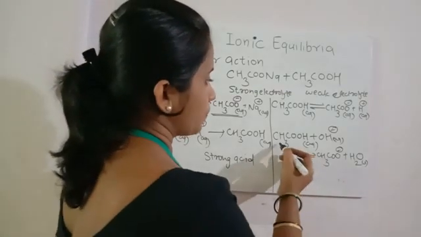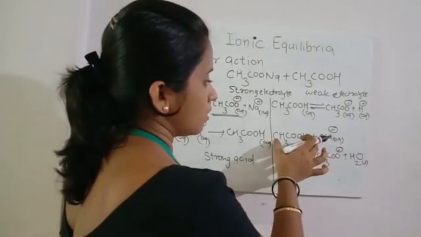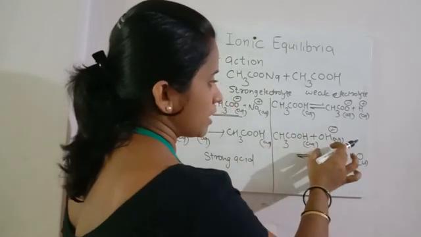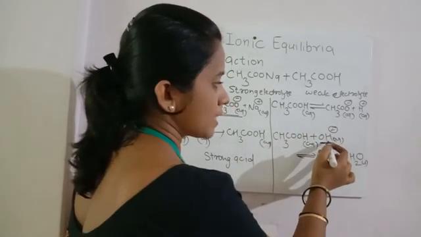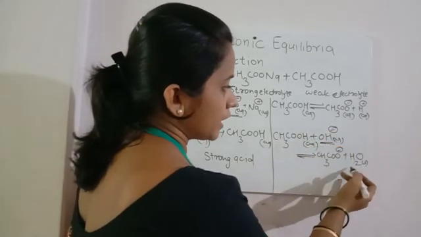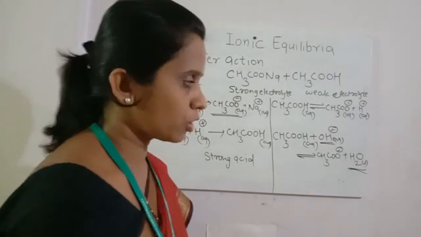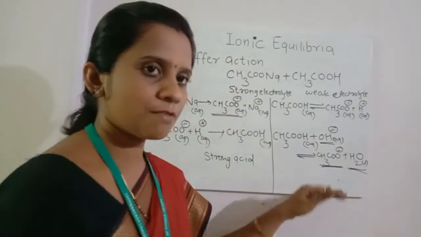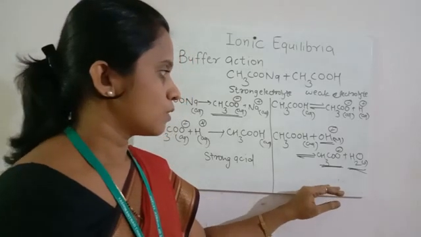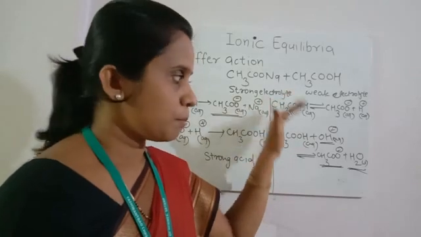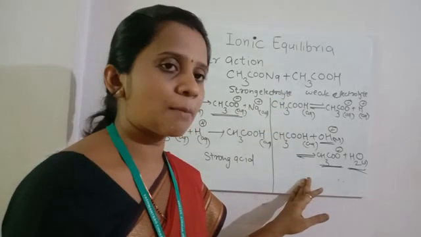That means acetic acid molecule plus OH minus will react, and neutralization of OH minus takes place. It gets converted to H2O, that is water molecule, and there will again be formation of acetate ions. So in this whole reaction mechanism, what is happening?